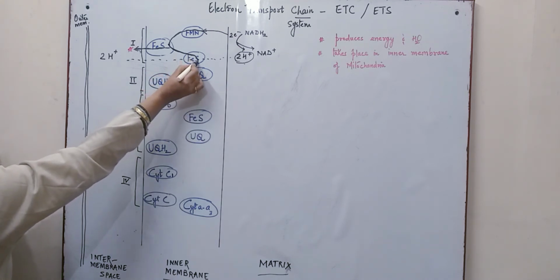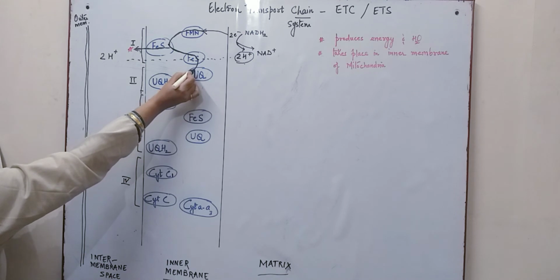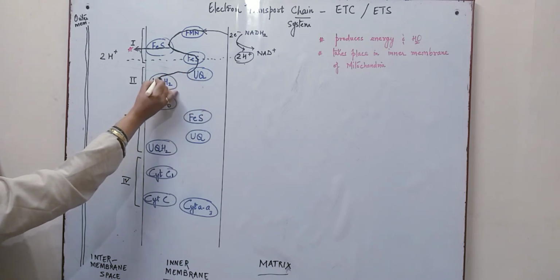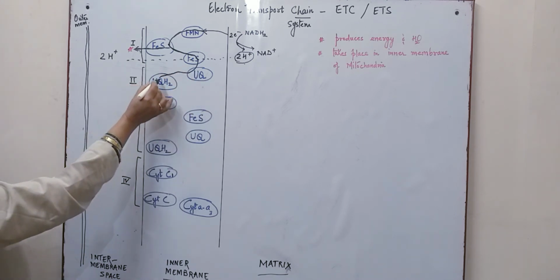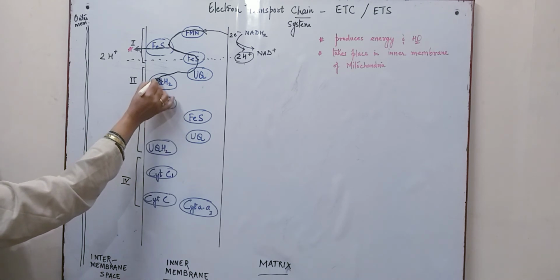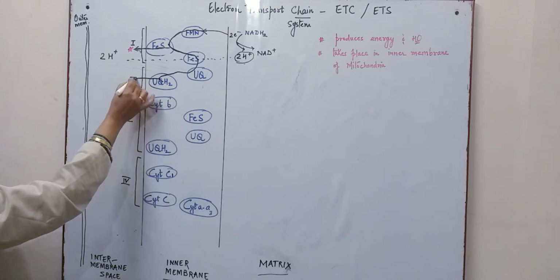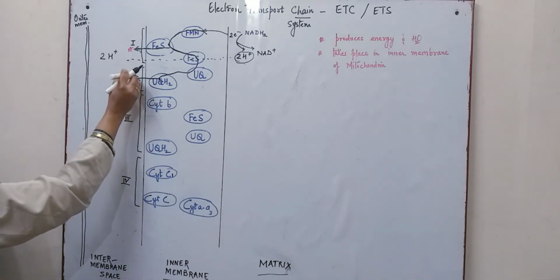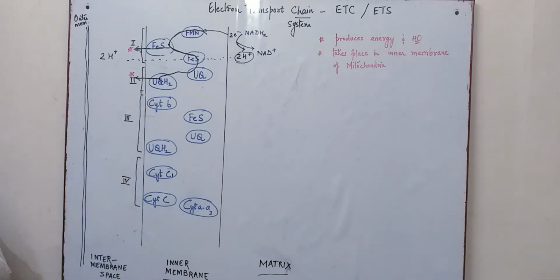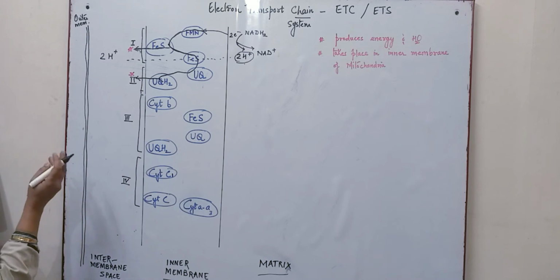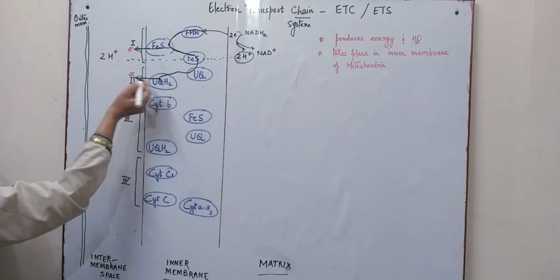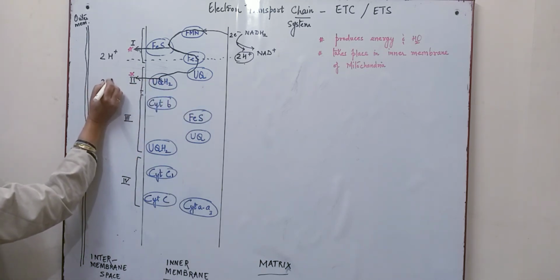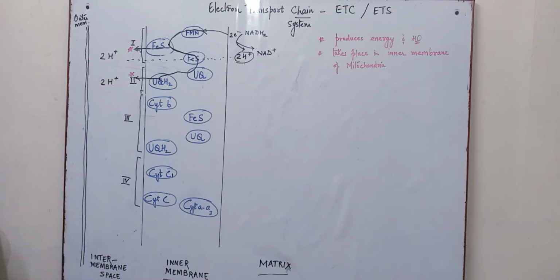It will pass from here, and as it passes through the ubiquinone, again the energy will be released at complex 2. So here the energy is released again, and this energy is further utilized to pump a pair of protons from the matrix to the intermembrane space.